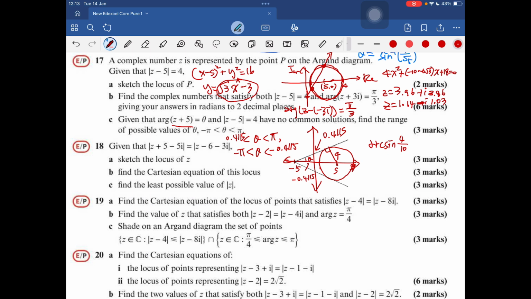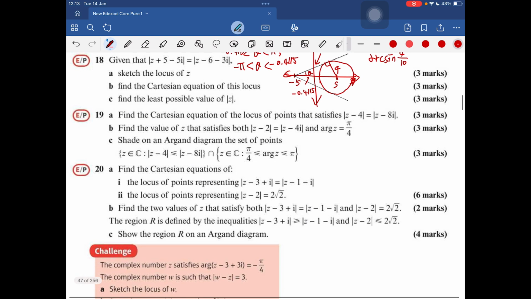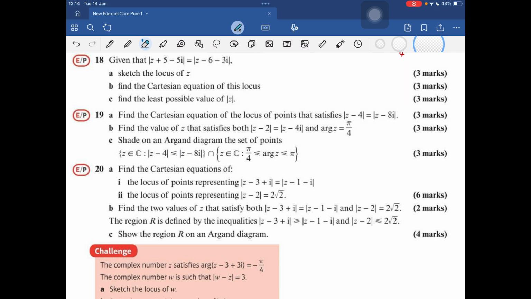And number 18, given modulus of z plus 5 minus 5i, this is the one like z minus negative 5 plus 5i equals modulus of z minus 6 plus 3i. So negative 5, 5 and 6, 3.